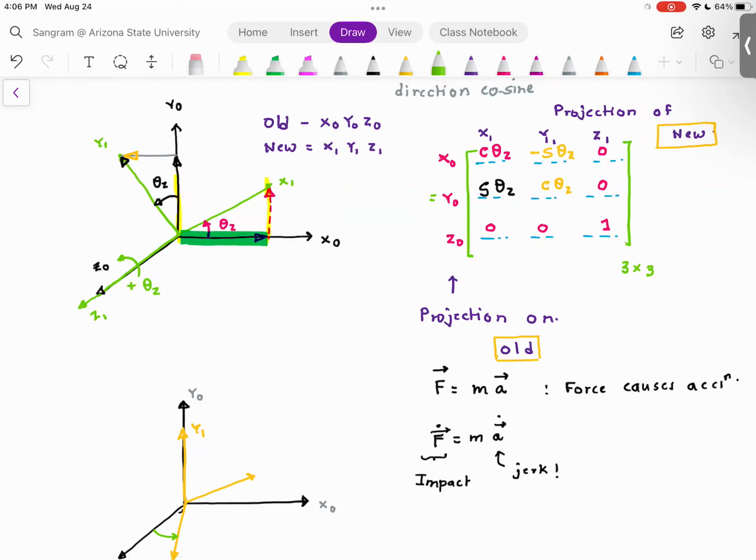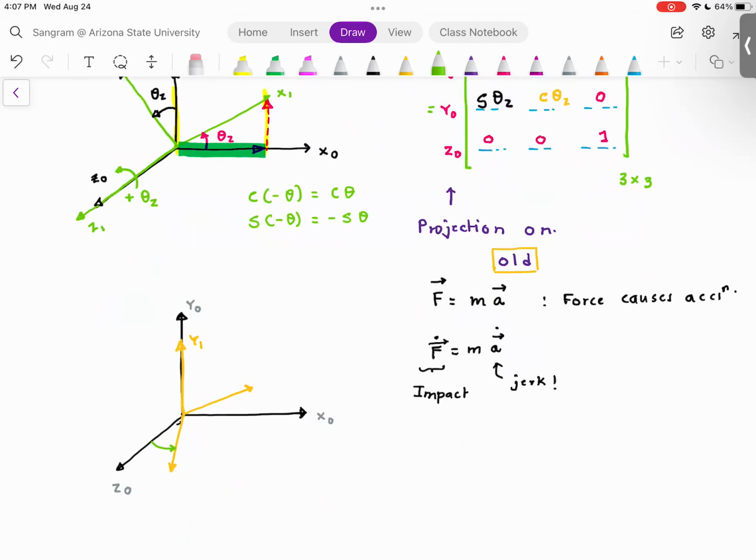That's why I have cosine theta, sine theta, sine theta, cosine theta in this structure. So what if the rotation is negative? No change. Only thing is, instead of positive theta, substitute negative theta. And remember, cosine of negative theta is still cosine theta, but sine of negative theta is minus sine theta. Whether the rotation is positive or negative, you can take care of it.